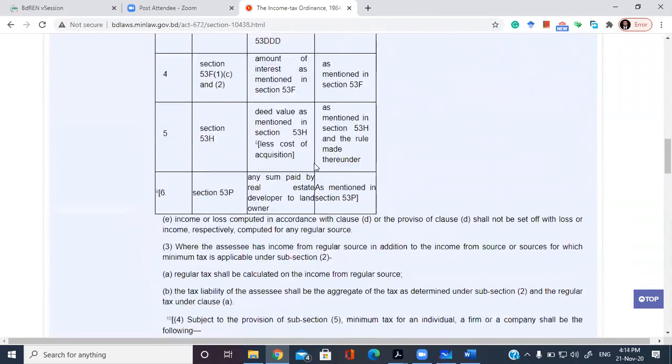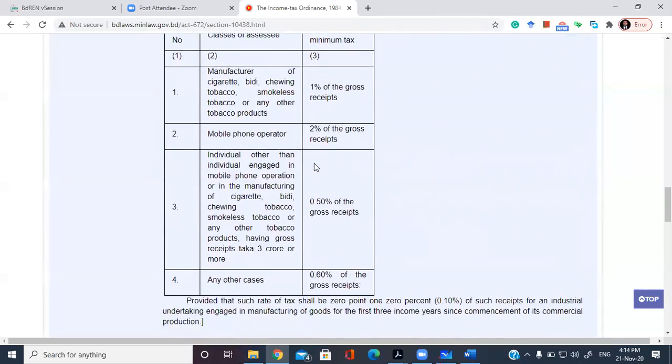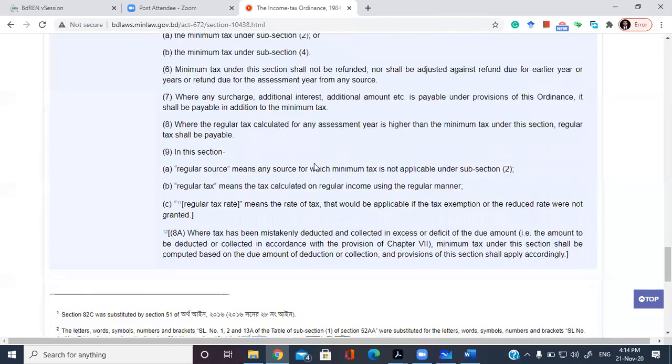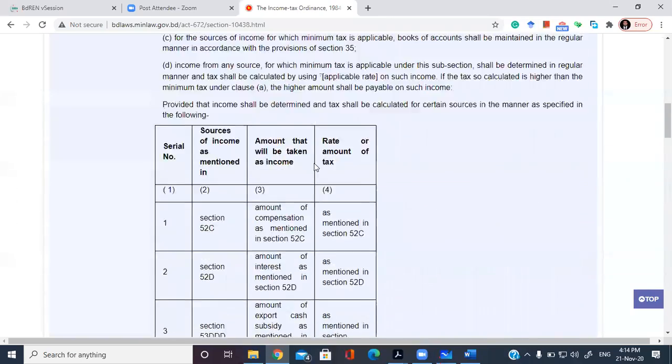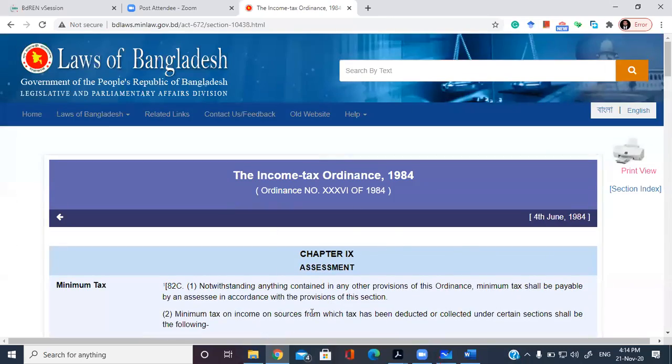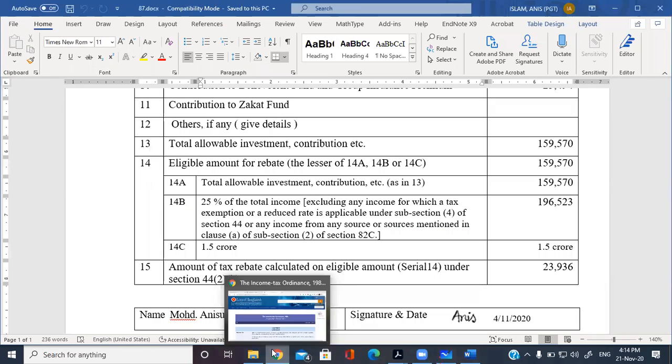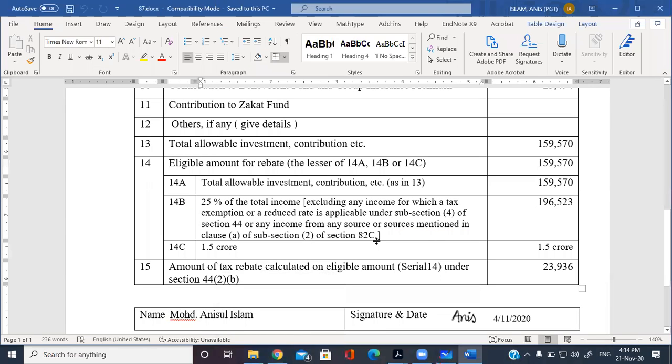It is mentioned somewhere here that it is about the final tax liability. You need to find it in this way. For the time constraint, I am not going for specifically finding this, but this is available there.